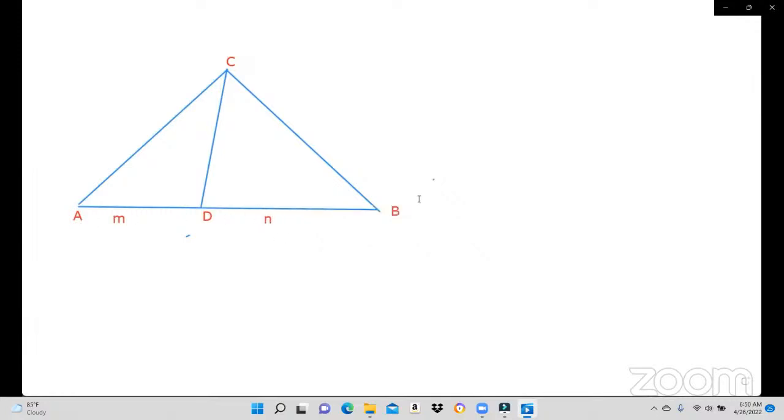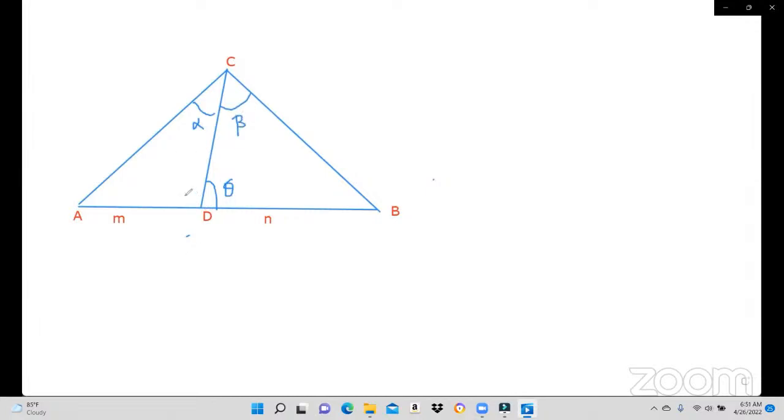That means the AD to DB ratio can also be considered as M and N. This angle I will take as theta, this angle as alpha, and this angle as beta.